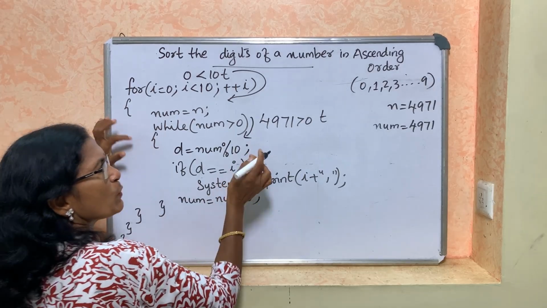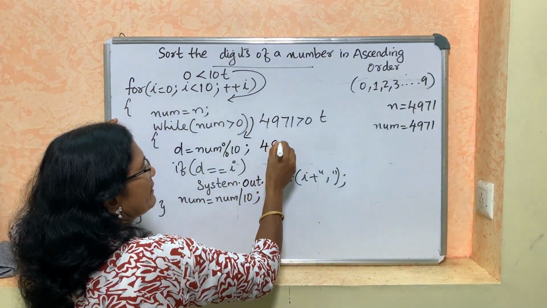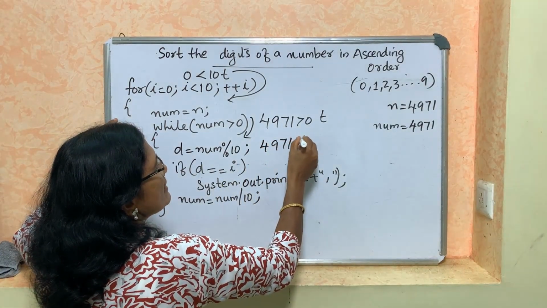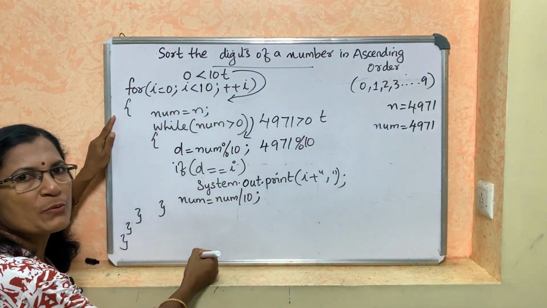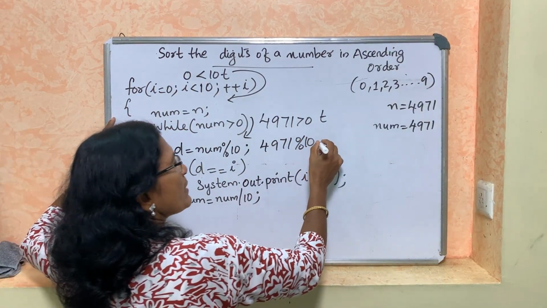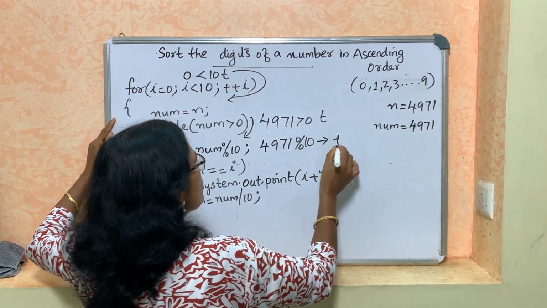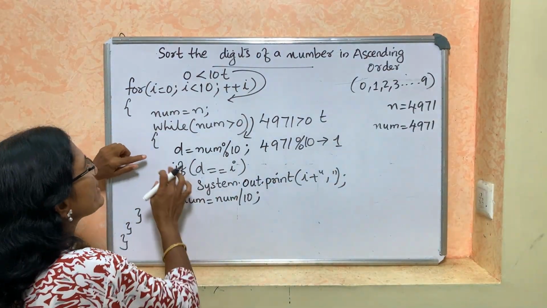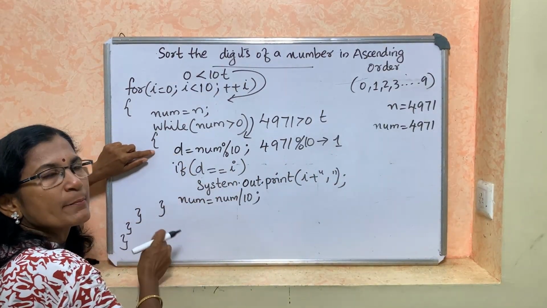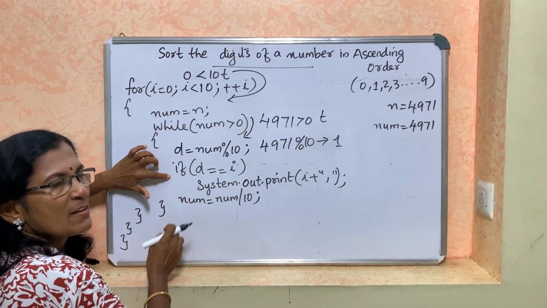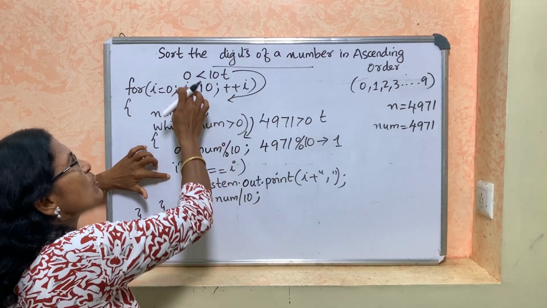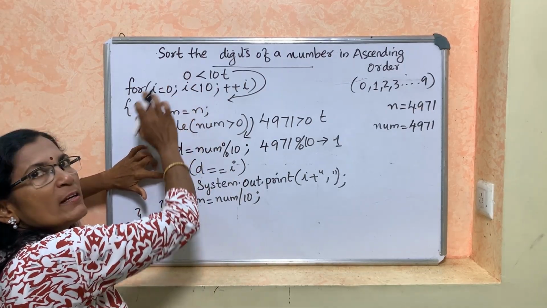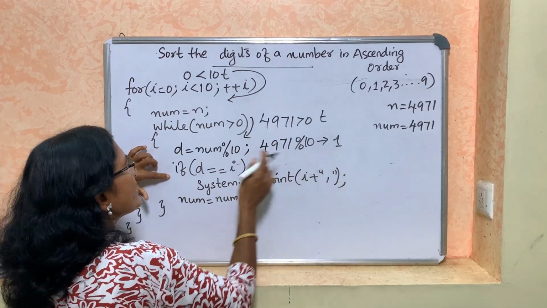Digit equal to num modulus 10. 4971 modulus 10. The modulus operator will give you the remainder of the division. So the remainder of the division is 1. So the last digit, 1, is extracted and stored in the variable d. Now let's check whether the value in d is equal to the value of i. The current value of i is 0. The extracted digit is 1.